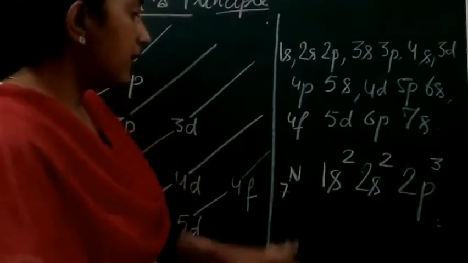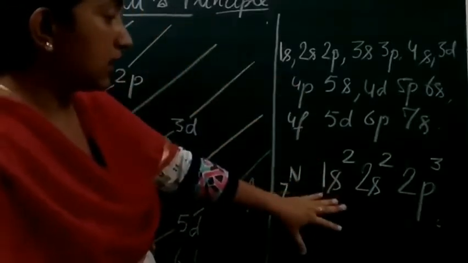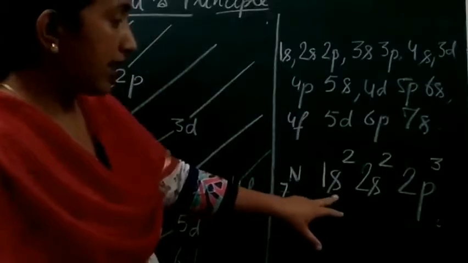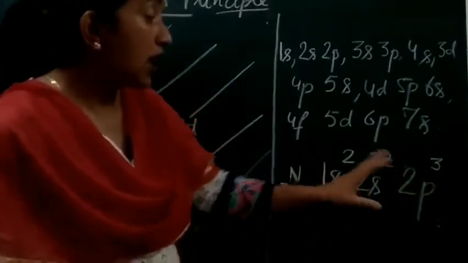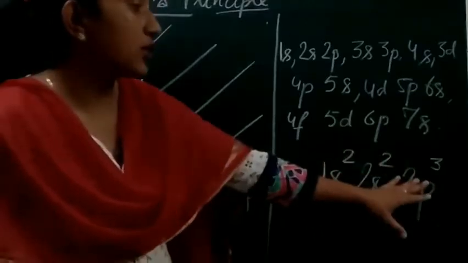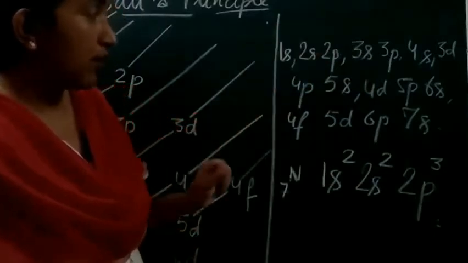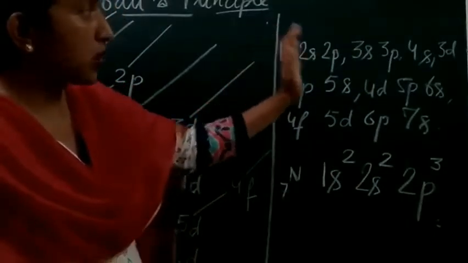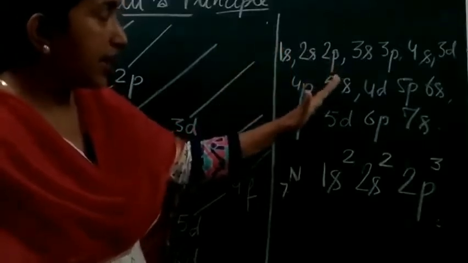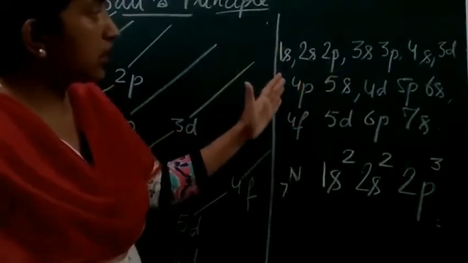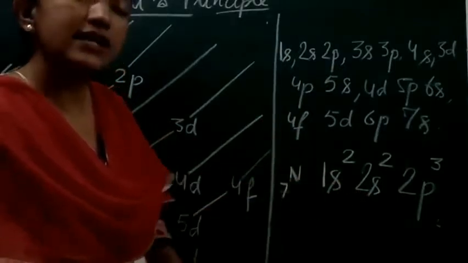So here, if we apply the Aufbau principle, we are getting 1s2, 2s2, 2p3. You can't jump directly to the p subshell, or just directly write down the 3s here. For it we have to follow this sequence where the energy levels are being considered. And it is in accordance with the Aufbau principle as well as the n plus l rule, that is the Bohr-Bury rule.